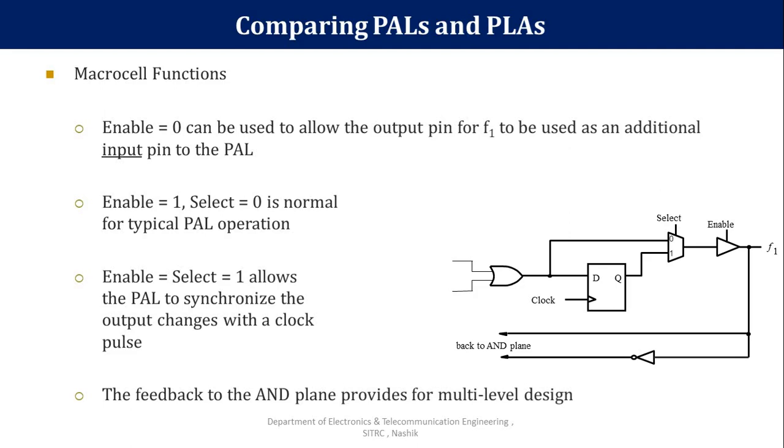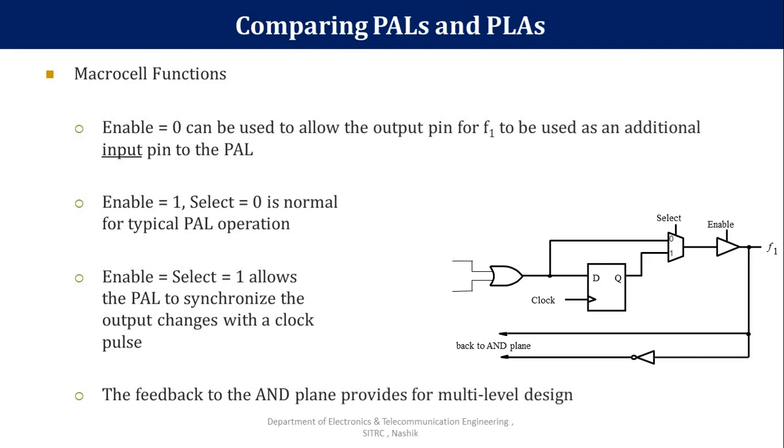Enable equal to 1 and select equal to 1 allows the PAL to synchronize the output changes with the clock pulse. These are the different combinations. When enable 0, select 1, when enable 1, select 0, and when enable and select are both 1, these are the operations that could take place when the port is used as an input port, output port, and to synchronize the output changes with the clock pulse.